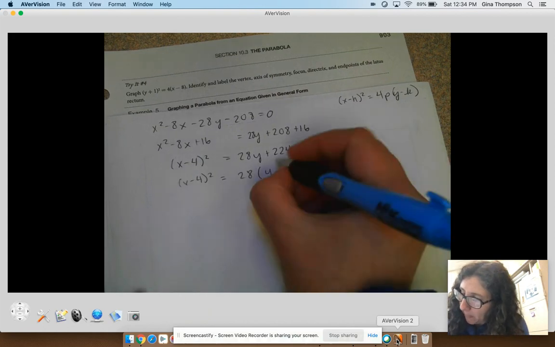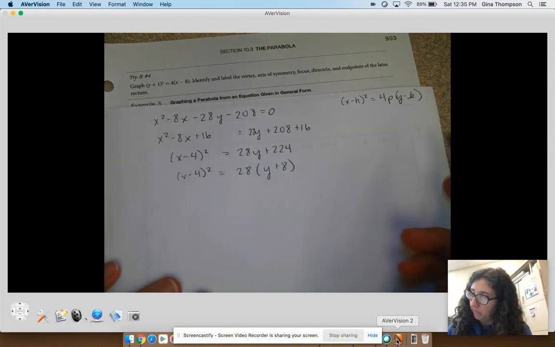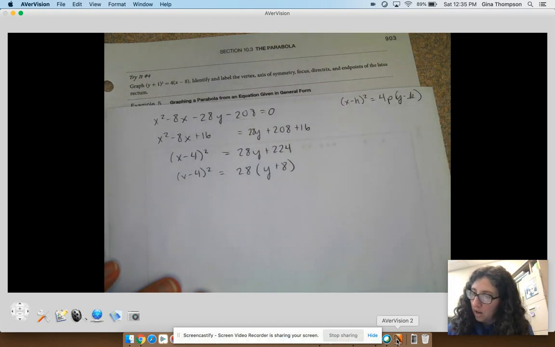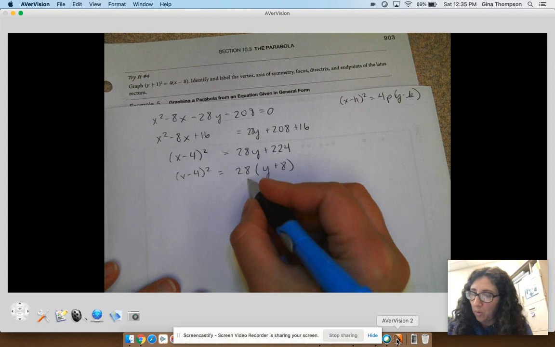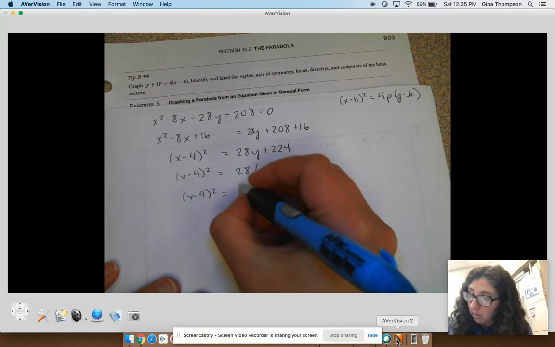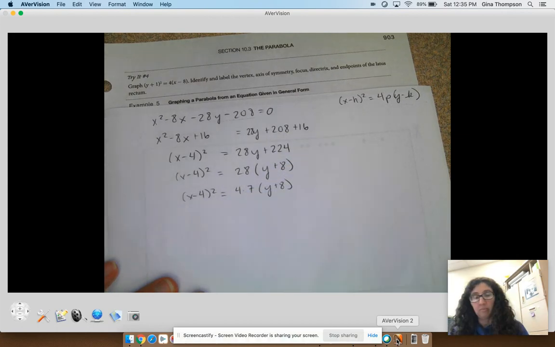Okay. Yeah, this looks like it's in a good form here, right? What's our p? 28 equals 4p. So p is 7, right? 4 times 7 times y plus 8.